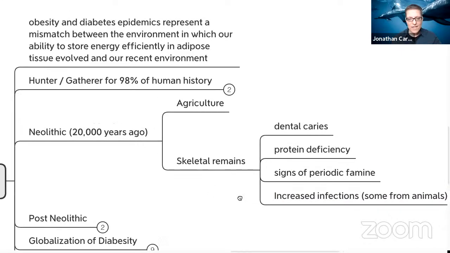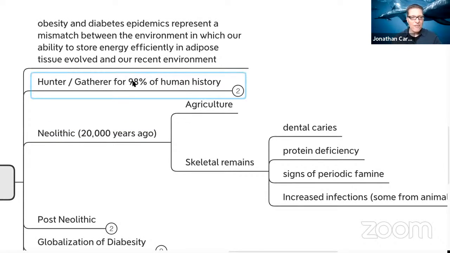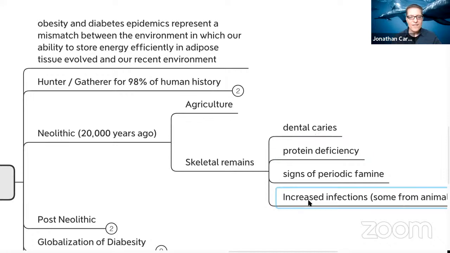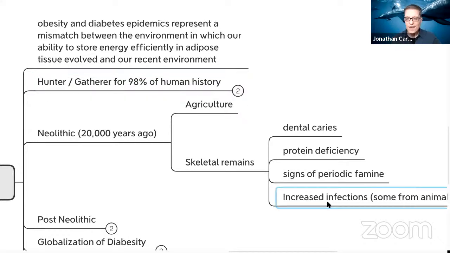So this lends credence to the paleo diet theory that, if you look at the hunter-gatherer remains, you don't see dental caries, you generally don't see protein deficiency. There were decreased infections, assuming enough calories, in the skeletal historical analysis.